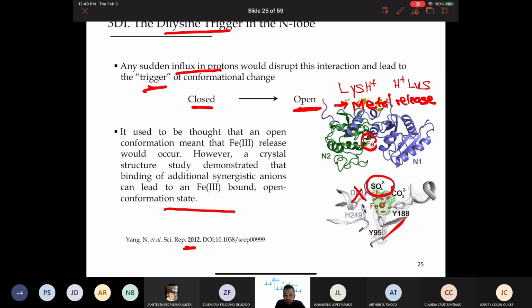We do not have coordination of the aspartate or the histidine, but nonetheless, even though now you have this open conformation, the presence of the carbonate in addition to the sulfonate anion allows that iron to still remain bound. So even though we are in an open conformation, iron is still able to be bound.